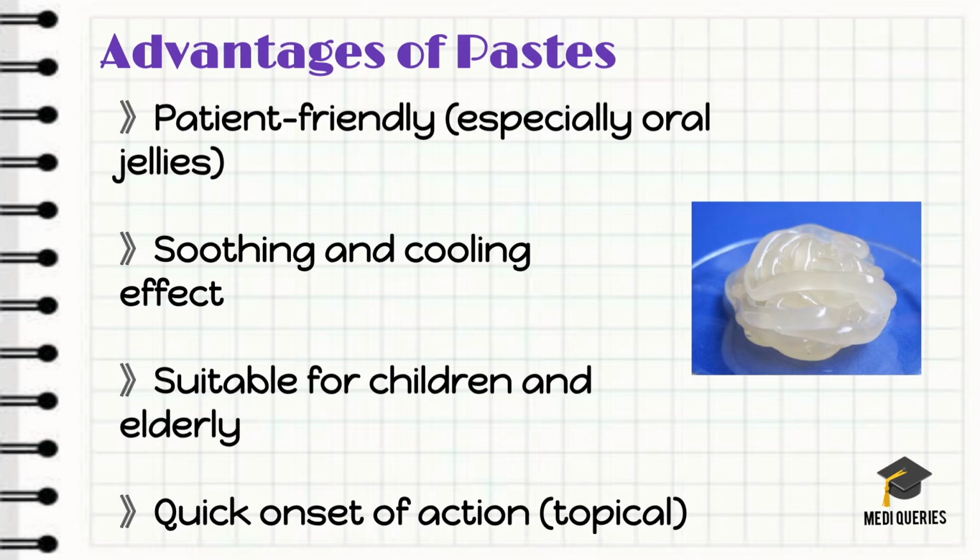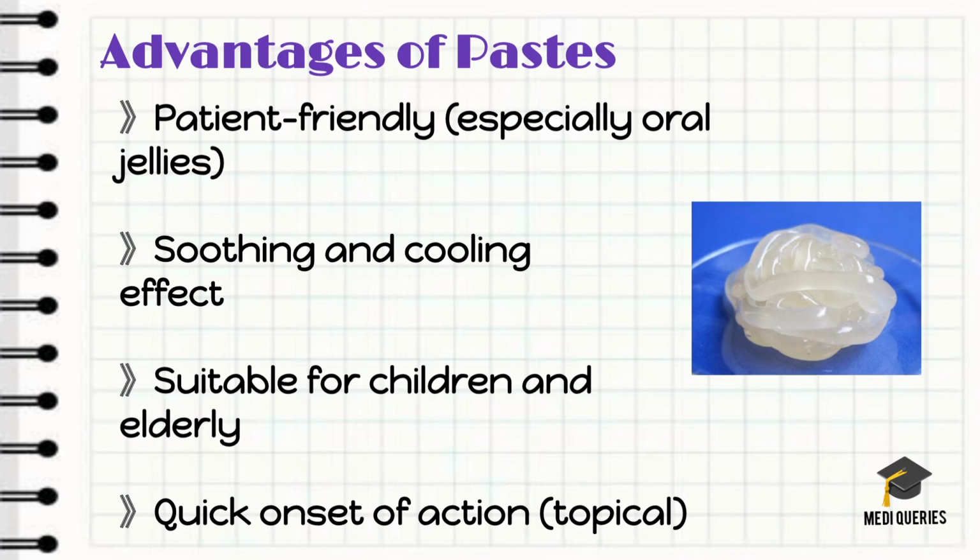Oral jellies are easy to administer without water, making them a great choice for children and elderly patients who may have difficulty swallowing tablets. It is a wonderful option for pediatric patients.